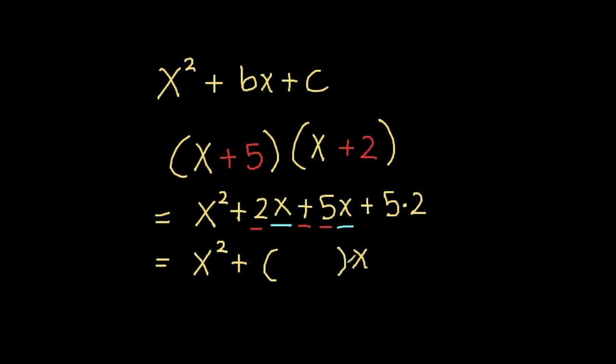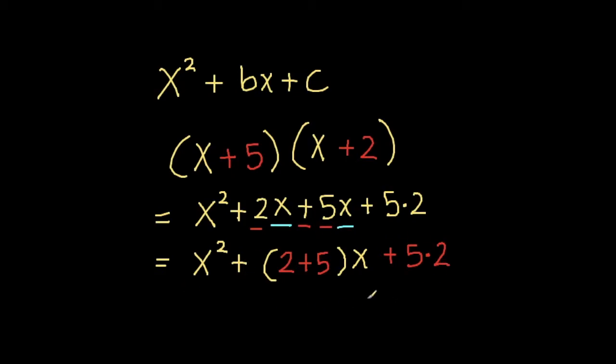I can do that because the order in which you multiply doesn't matter. I could keep the x in the end, I could keep it in the beginning, doesn't matter. So let's fill in what remains. Here we have 2 plus 5, and finally we just have plus 5 times 2.